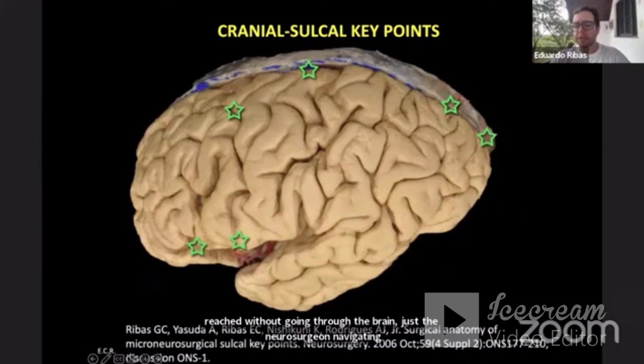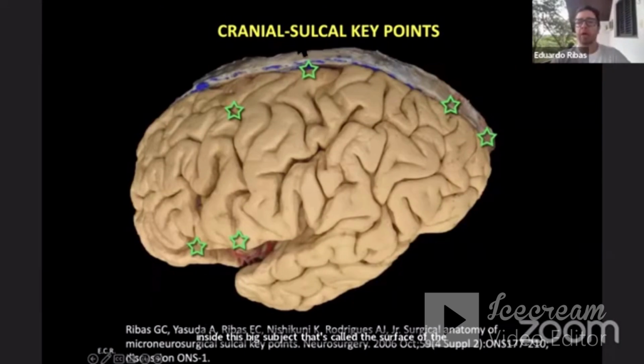Inside this big subject that's called the surface of the brain, we made a lot of studies regarding the cranial-sulcal relationship. We came up with these key points. That's really a set of key points that helps us understand how the skull is related to the main sulci. This is a big paper that we published with Professor Ribas, my father, Guilherme Ribas, also a Brazilian neurosurgeon, and a group of other researchers as well.